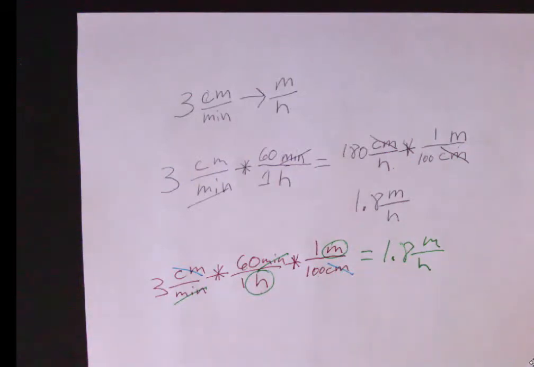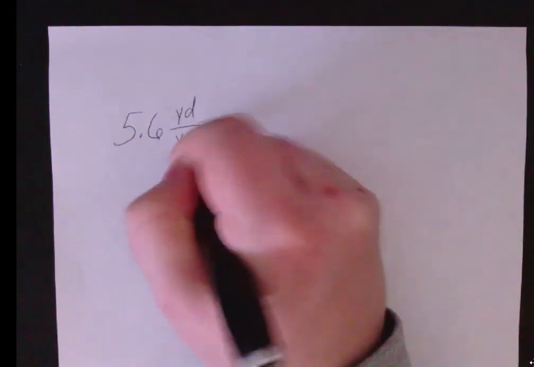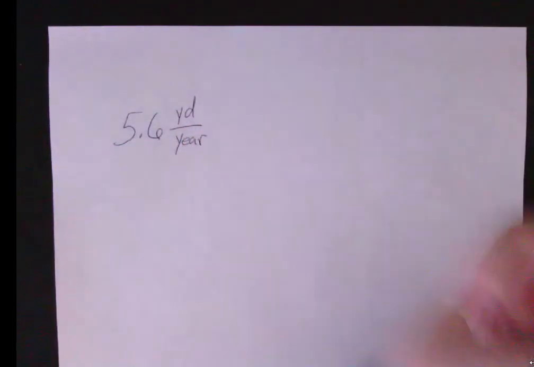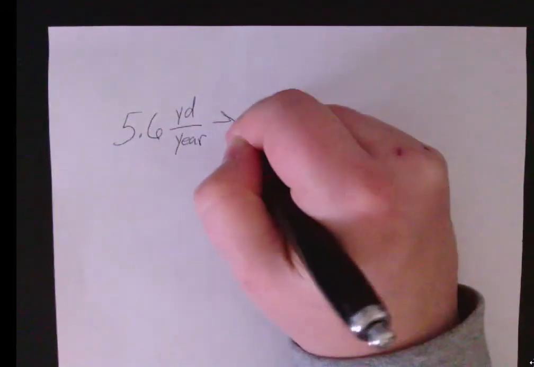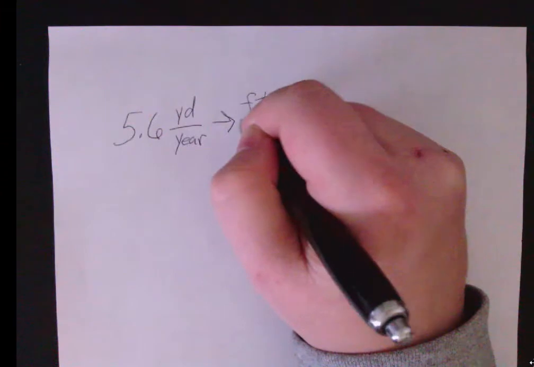So let's go ahead and walk through another problem. One reason why we like using the metric system is because it does give us those nice, neat numbers, especially when we're converting, because they're all in powers of 10. But let's see if we have a question: 5.6 yards per year, and we want to convert that to feet per day.